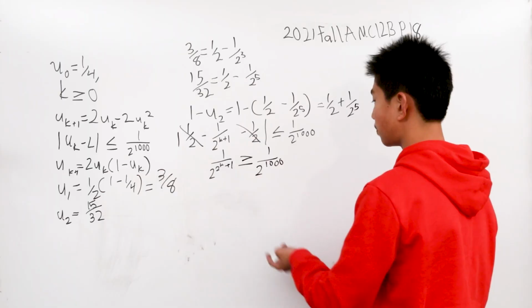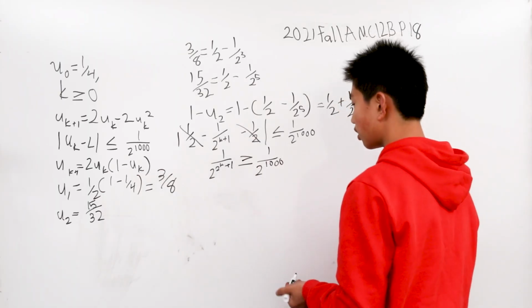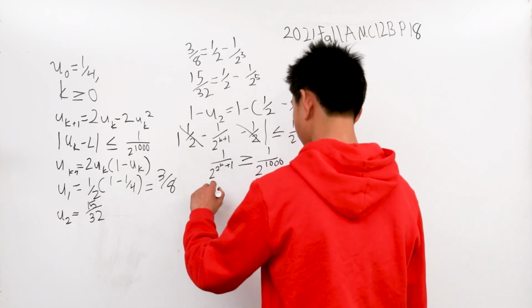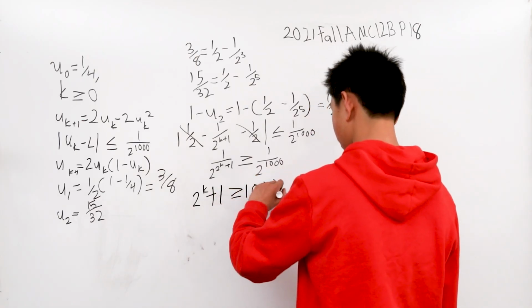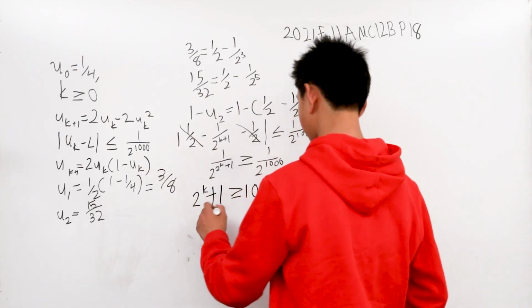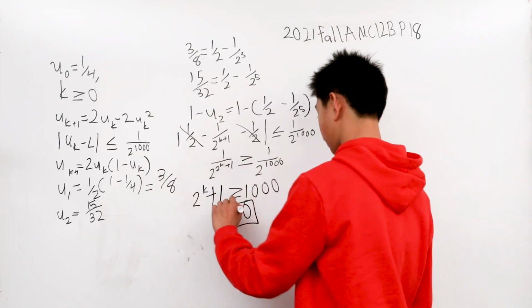Since these are both powers of 2 in the 1/2 part, we can say that 2 to the power of k plus 1 is greater than or equal to 1000. So that means our desired value, the least value of k, is 10. And that is our answer for this problem.